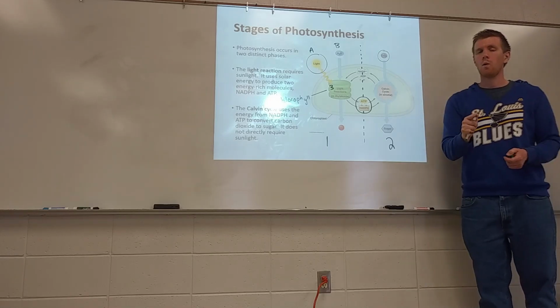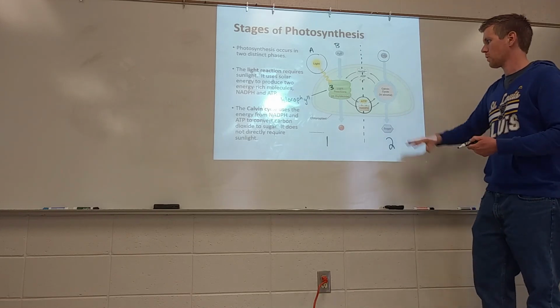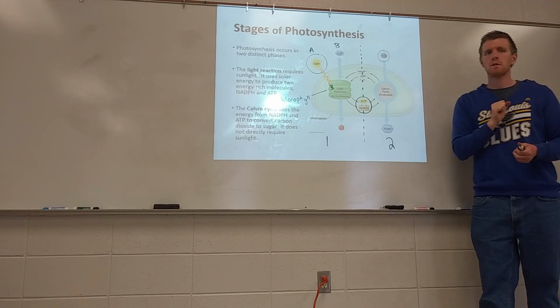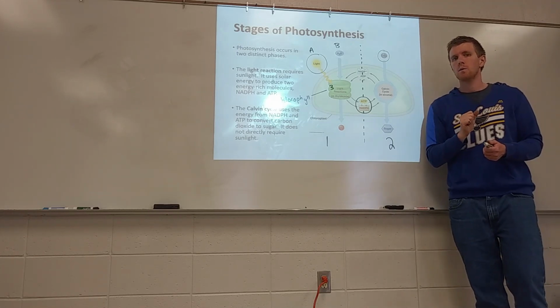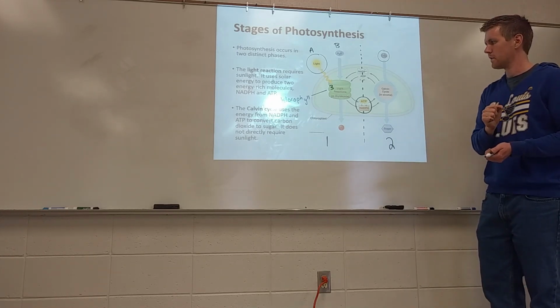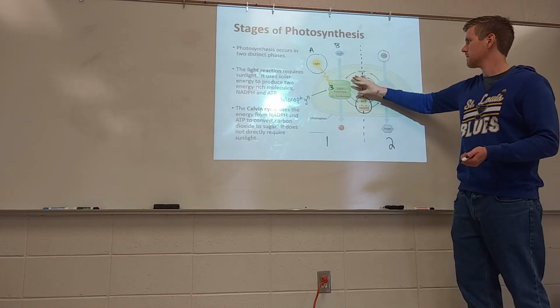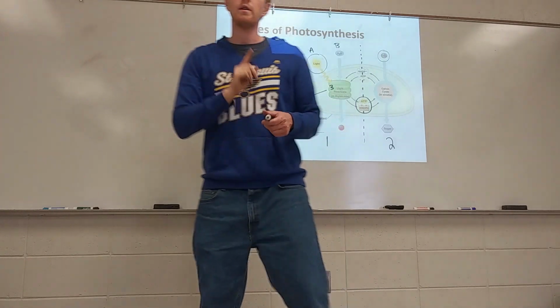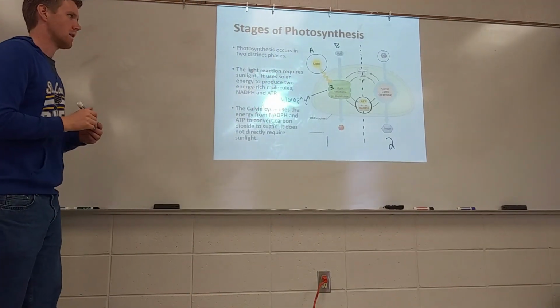It does not directly require sunlight at all. But in order to work, it needs the products made in the first half of photosynthesis, which is the light reaction, which does require sunlight. Light reaction, Calvin cycle. Two halves to one photosynthesis process.